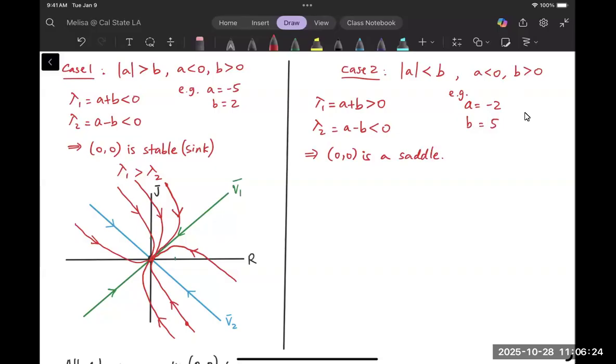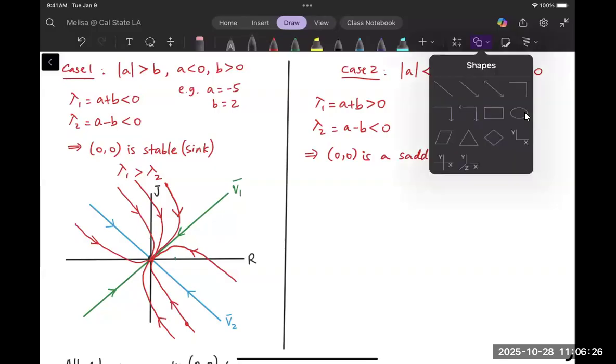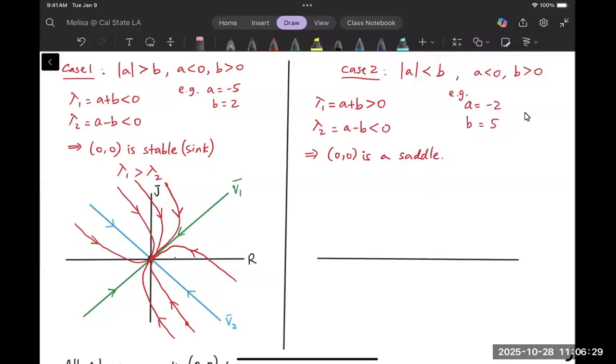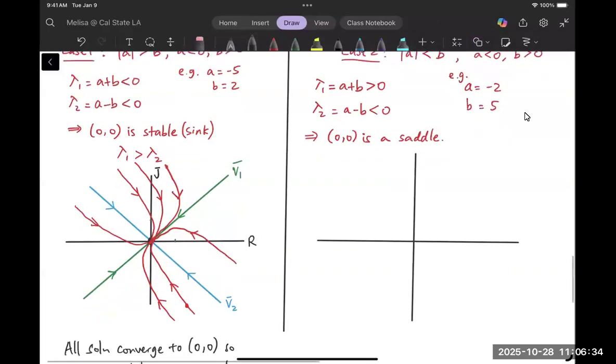All right, so now let's sketch the phase portrait. This is the R axis, that's the J axis. We still have V1 and V2. V1 is (1, 1), so you get something like this.